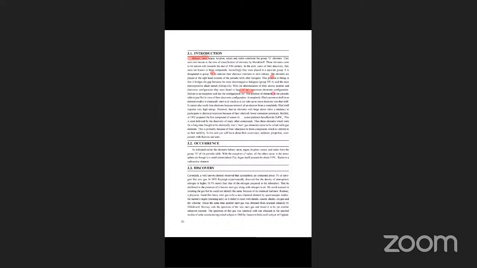The position of the elements in the periodic table is justified in view of their electronic configuration. A completely filled outermost shell renders the element chemically inert, as it cannot take up any more electrons into that shell. It also cannot easily lose electrons, because removal of an electron from a completely filled shell requires very high energy.